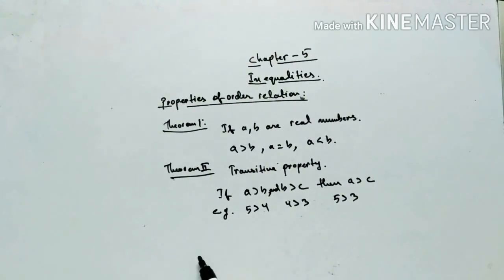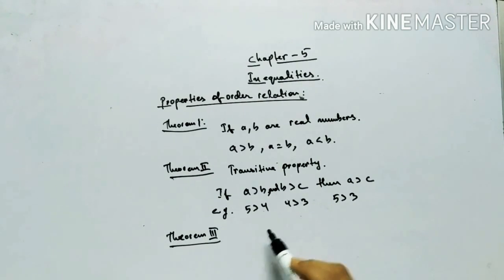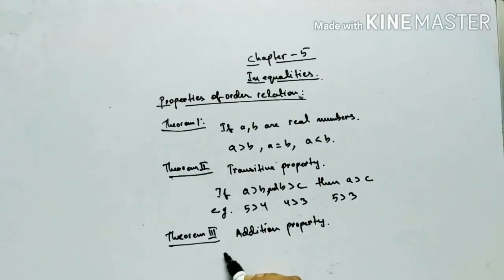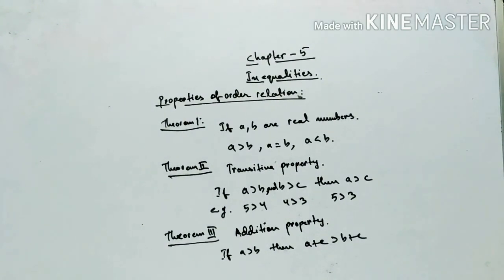Next it is our theorem 3, the addition property. It says that if A is greater than B, then A plus C will be greater than B plus C. If you add a number to both sides, the sign will remain the same.